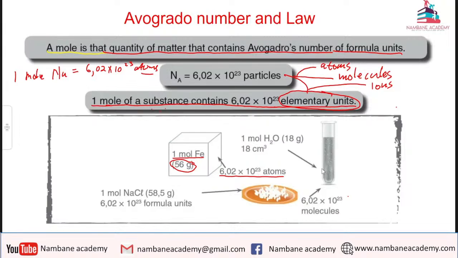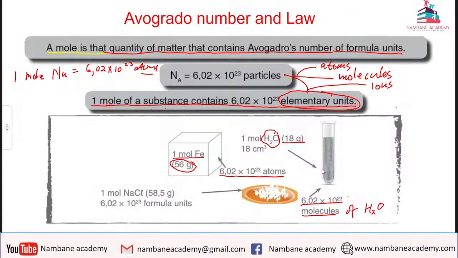So basically 1 mole represents the constant of Avogadro, which is the Avogadro number. If I am working with molecules, which is 18 grams of water, I am going to have 6,02 multiplied by 10 to power 23 molecules of H2O.